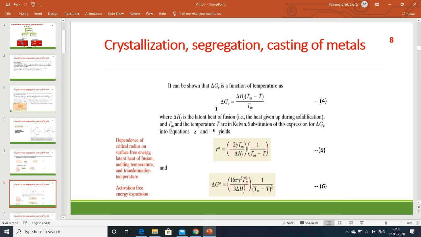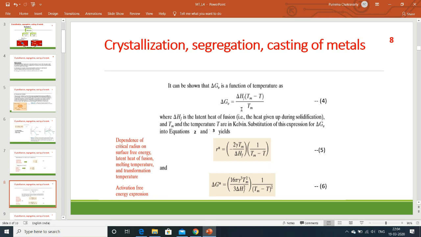As we all know, we have a relation of free energy in terms of enthalpy or the latent heat of fusion. From that equation we found this expression, and I'm trying to write del G V, the free energy of the volume, in terms of temperature, which is given as del H F times Tm minus T divided by Tm.